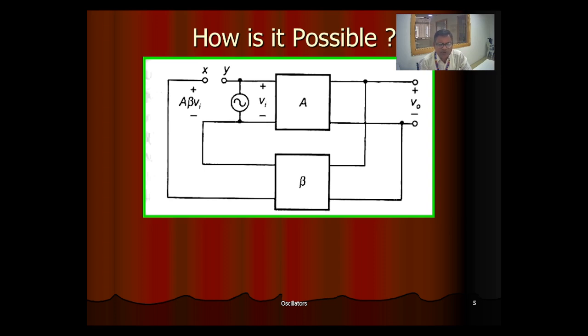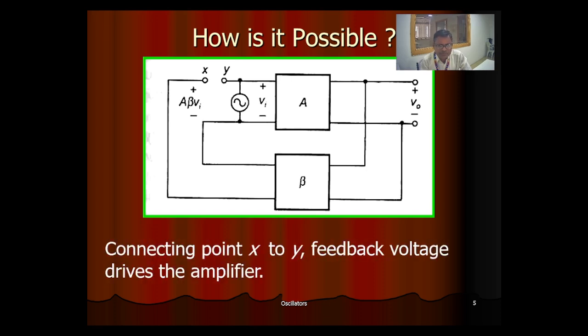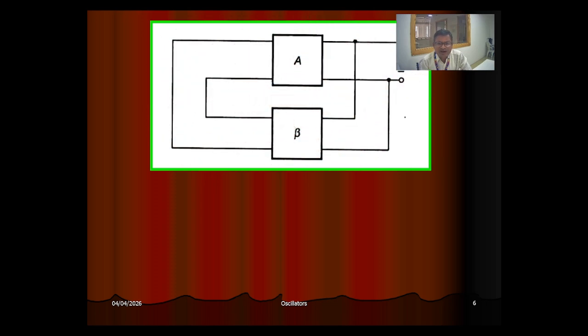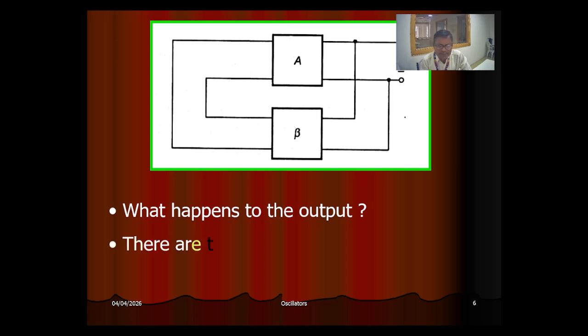VI is the input, so A into beta VI is the fraction of output given to the input. So, this is the oscillator without any input. It will generate the output, where some fraction of output V0 is fed back to the input through a feedback network called beta. What happens in this circuit?